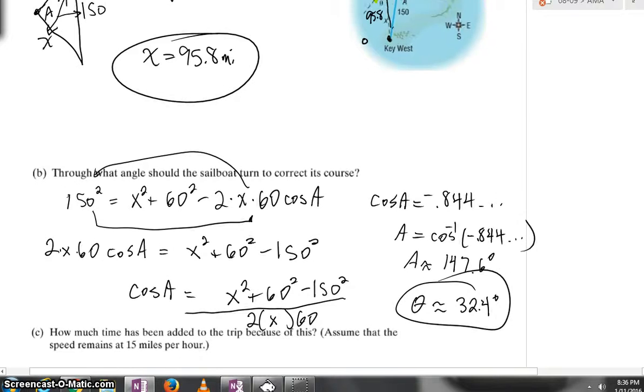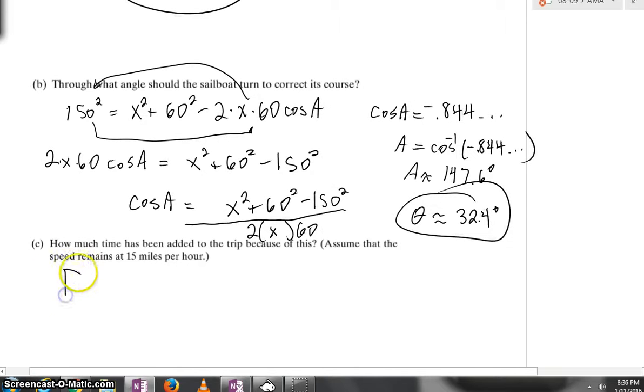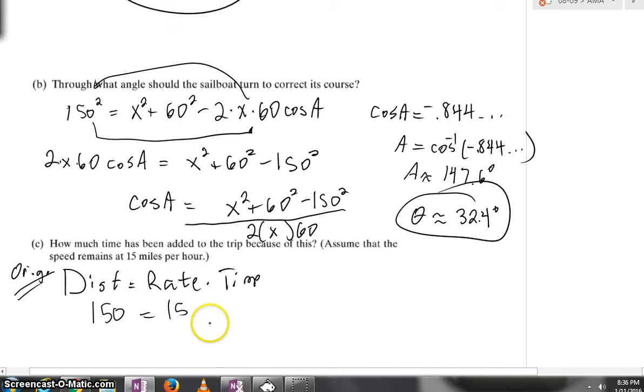Well, if you were to just do a basic distance equals rate times time, and we're always going to have 15 miles per hour, originally you can say, well, there were 150 miles between the port where we were leaving at Florida, going to our destination. 150 equals 15t, t would equal 10. Really, you should be traveling 10 hours.